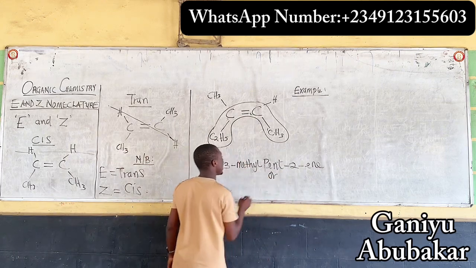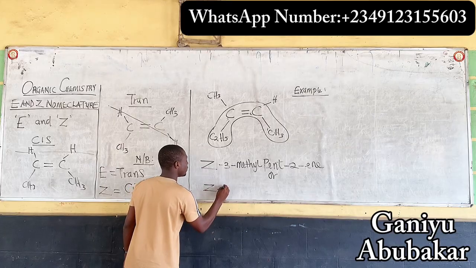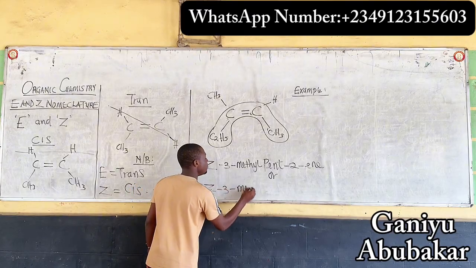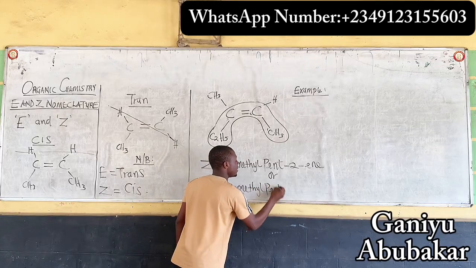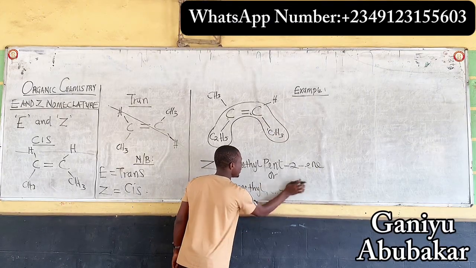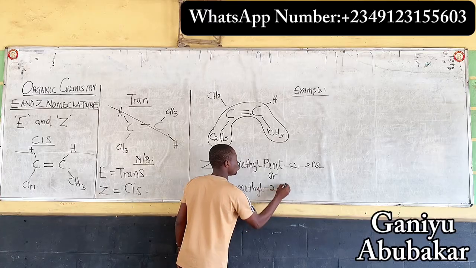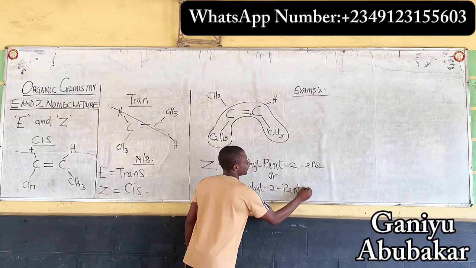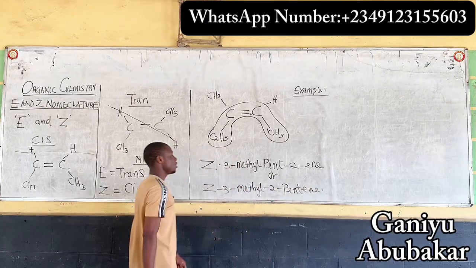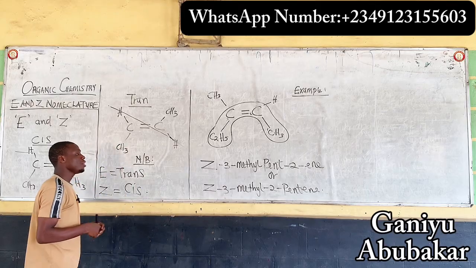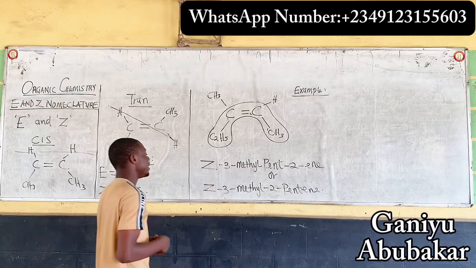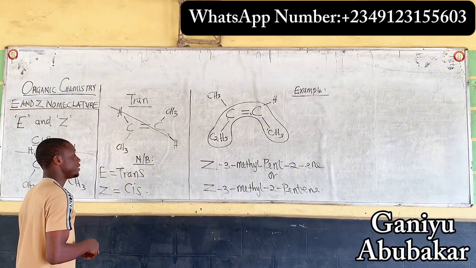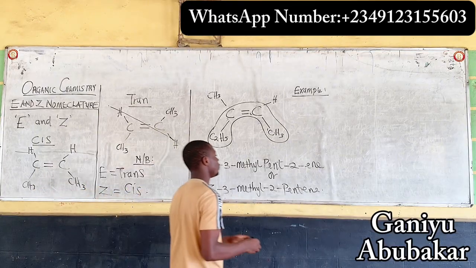Or you name this as Z-3-methylpentene. Either you call it Z-3-methylpentene or you call it Z-3-methyl-2-pentene. This is how you name this compound.